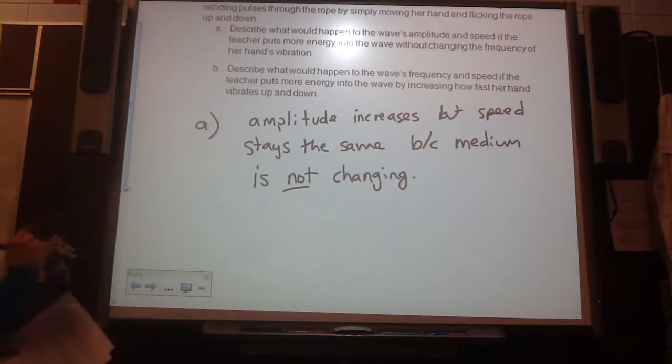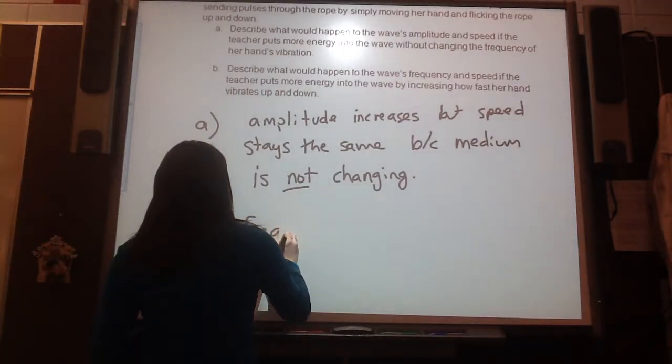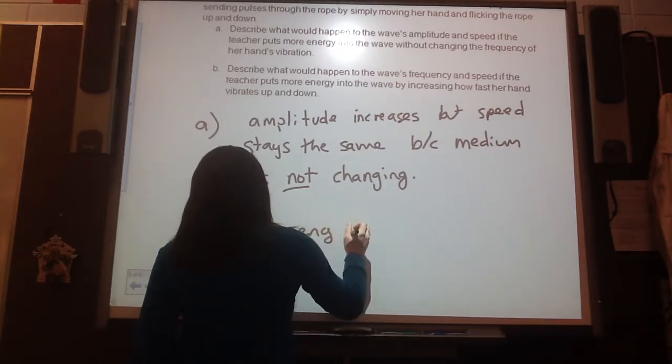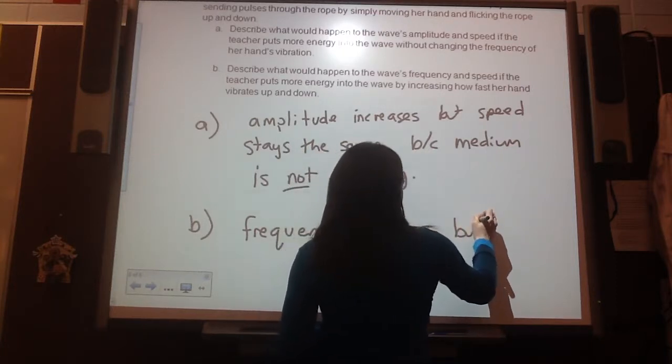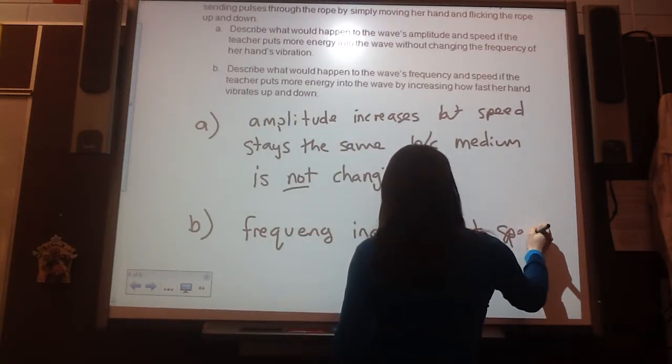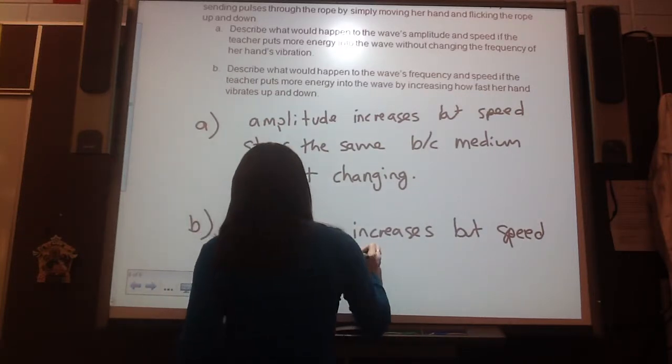So B, describe what would happen to the wave's frequency and speed if the teacher puts more energy into the wave by increasing how fast her hand vibrates up and down. So for B, frequency increases, but speed of wave stays the same.